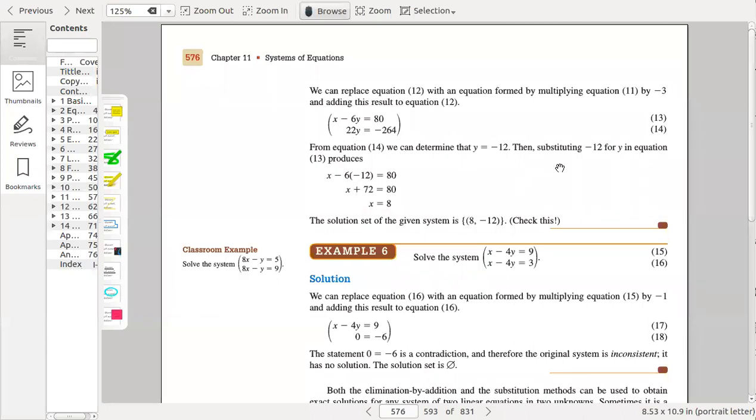Then substituting minus 12 for y in equation 13 produces x minus 6 into minus 12 equal to 80, and x plus 72 equal to 80, x is equal to 8. The solution set of the given system is 8, minus 12.